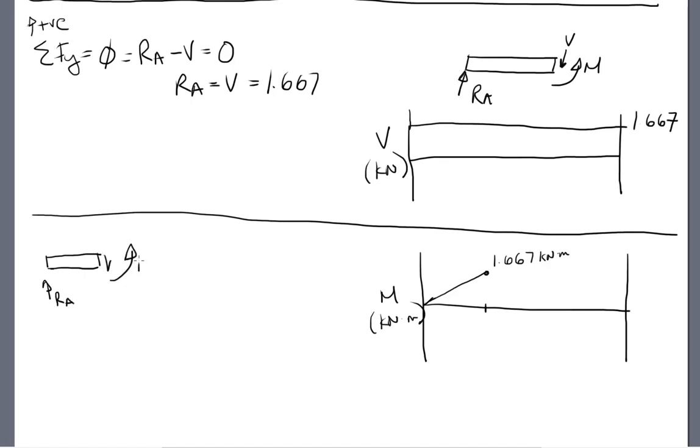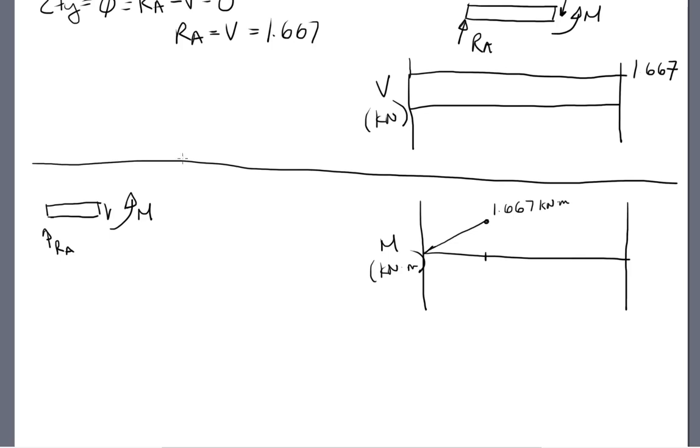We're going to have this moment here. Up to the point of the applied 5 kilonewton meter load, we're just going to have M equal to, and I might be mixing analytical solutions versus graphical solutions, but think about this for a second.